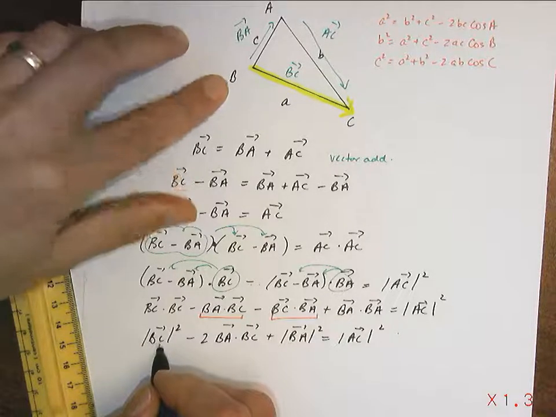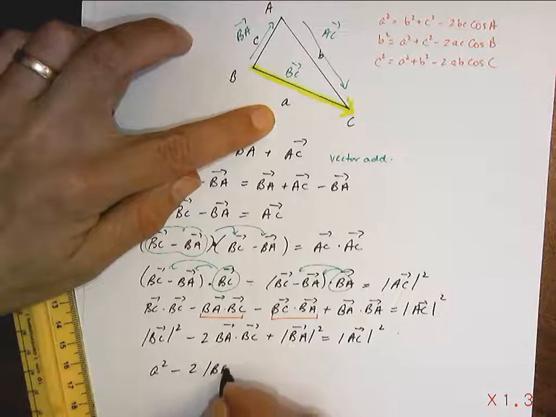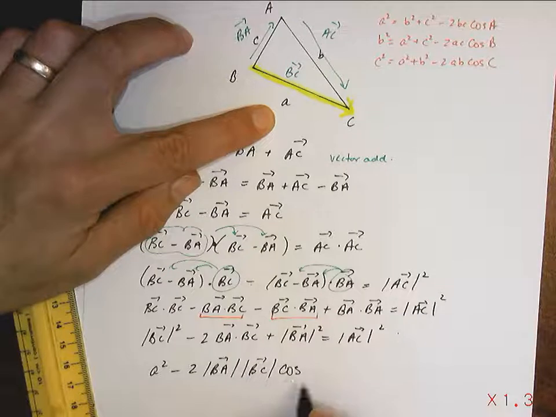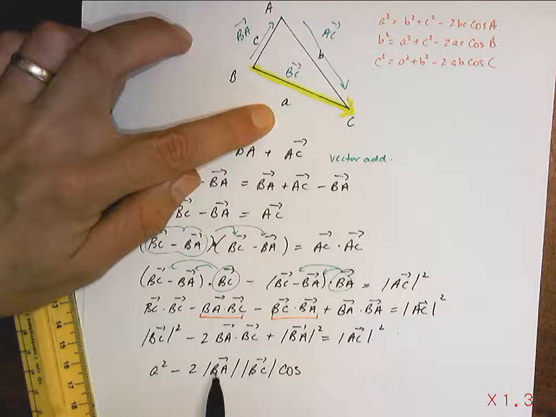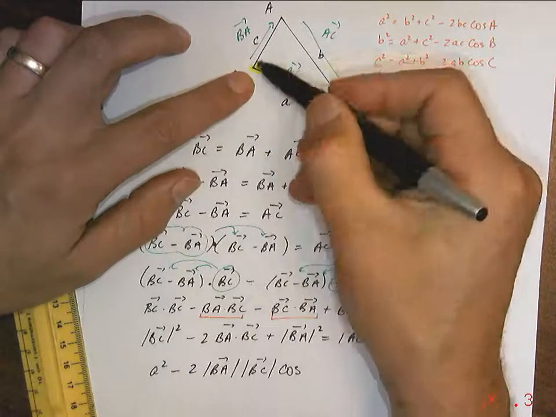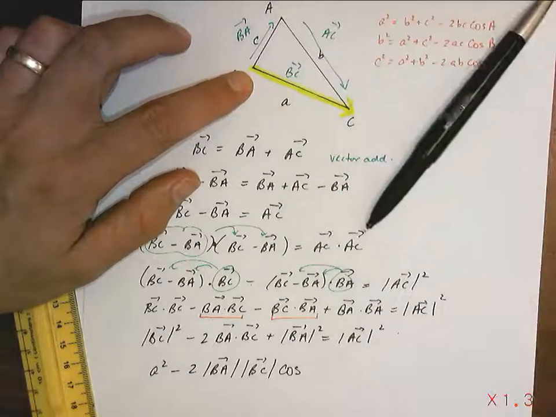BC is going to be A. Now this is going to be the magnitude of BA times the magnitude of BC times cosine of the angle between BA and BC. Well, BA is here and BC is here. And look at how they're set up.